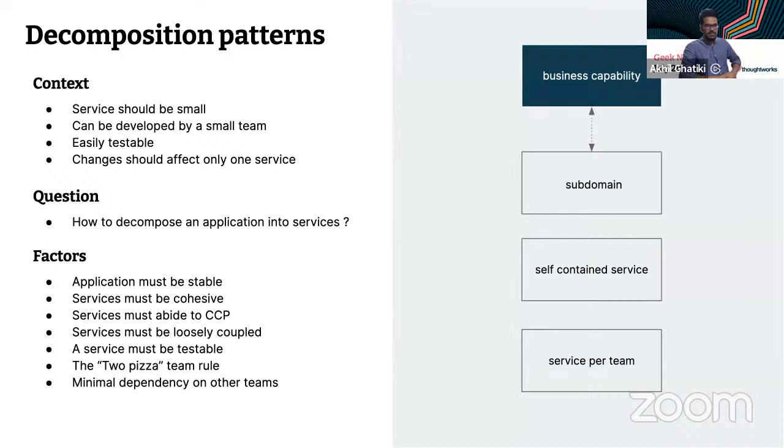So you need to look at what business capability each service should have. And before that, let's fall back to our template. What is the context that you have now? A service should be small. The service should be able to be developed by a small team. It should be easily testable, and changes that you're making in any service should not affect other services.